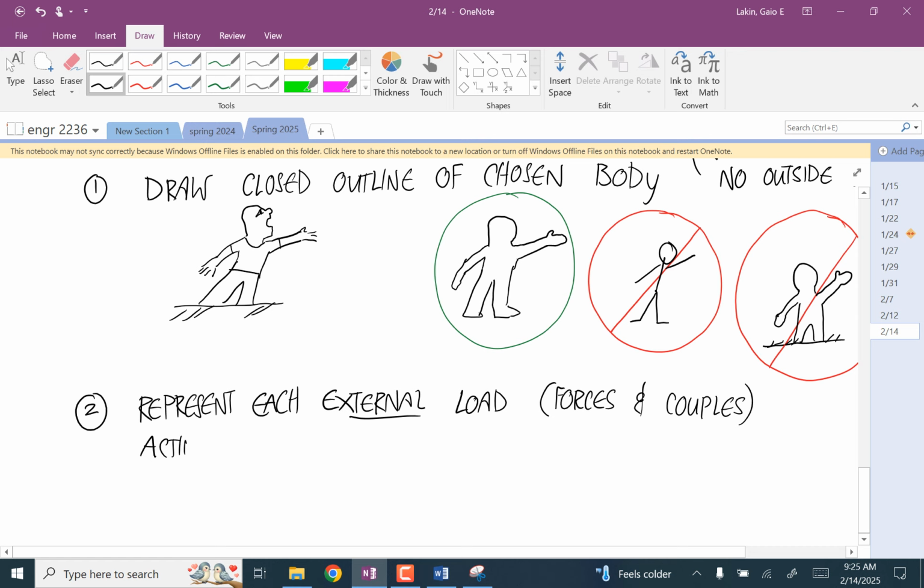Acting on the chosen object. Okay, so this is why it's so important to draw a clear boundary between what's in and what's out, okay? We only want to draw the loads on here that are being applied to the stuff in by the stuff out, okay?